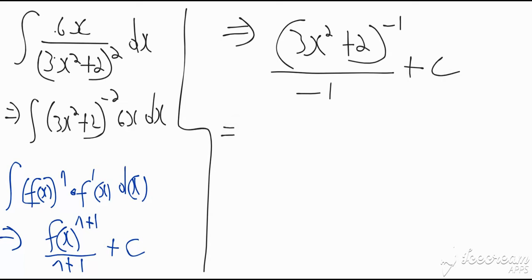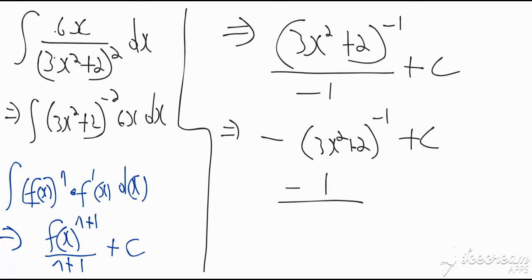Now, of course, we can bring this negative 1 in the denominator out here and say negative of 3x squared plus 2 to the minus 1 plus c. And to refine this, we could take it back down in the denominator since the power of a bracket is negative. So I would have negative 1 all over 3x squared plus 2 plus c. And there goes my integral.